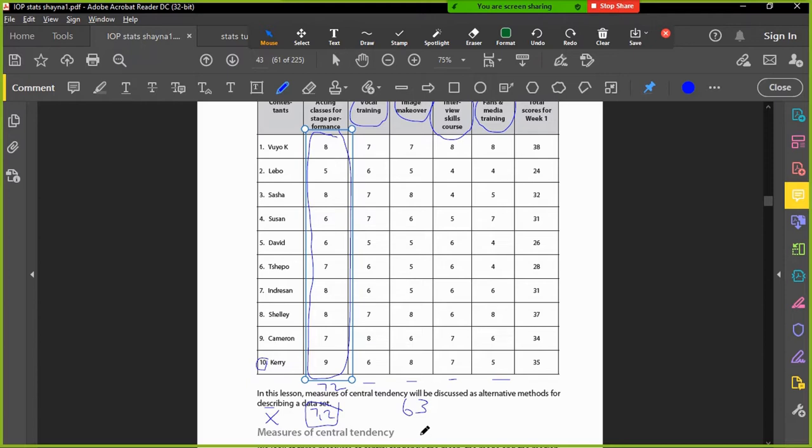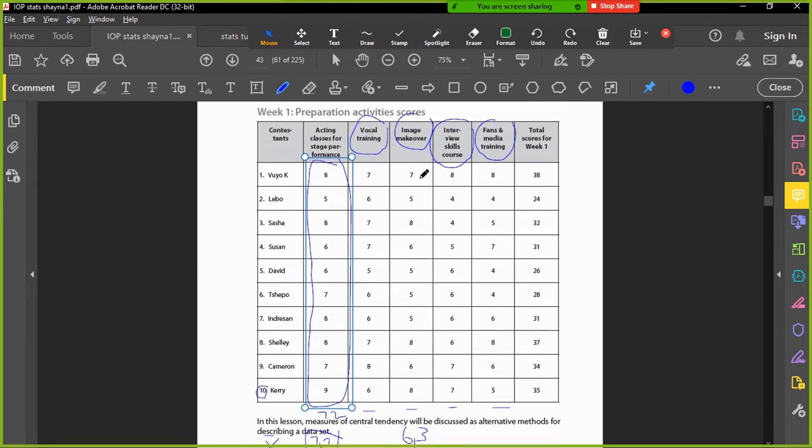I have to redo the whole thing. 7 plus 5 plus 8 plus 6 plus 5 plus 5 plus 5 plus 8 plus 6 plus 8. So 63 divided by 10 is 6.3. Yes. Okay, so 6.3 would be the average for the image makeover for this class, for this week. Does it make sense? Yes, it does.